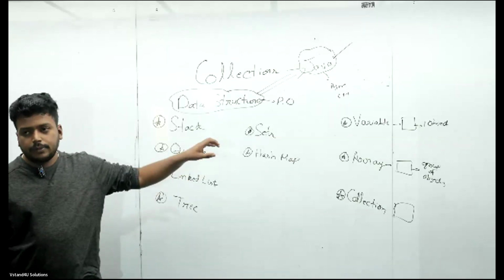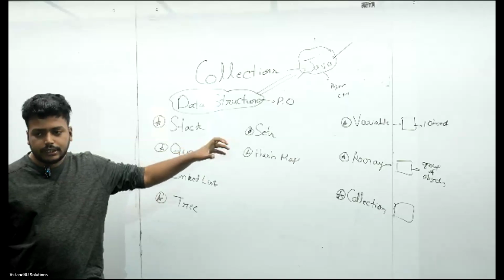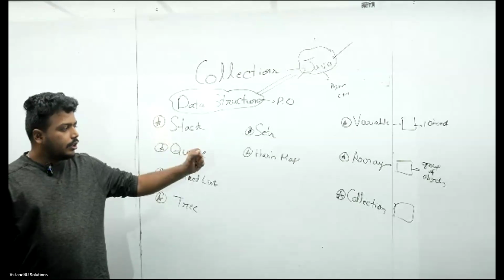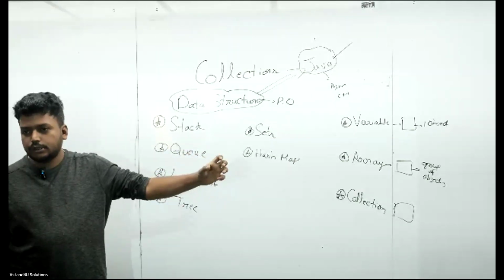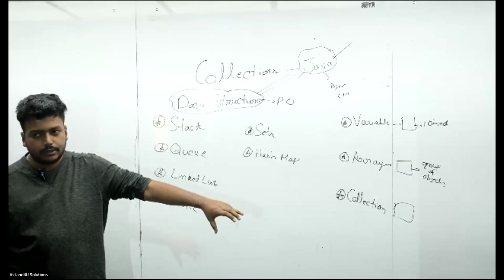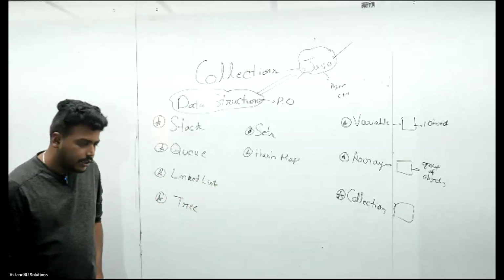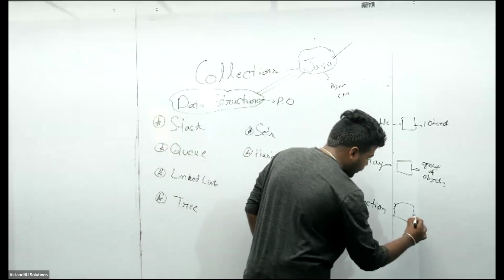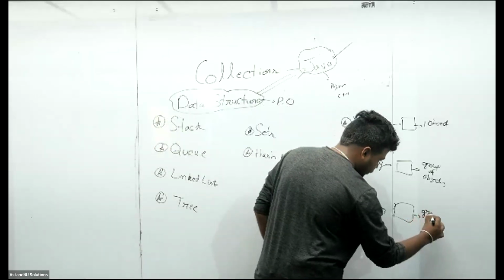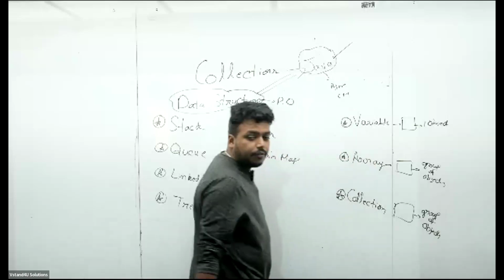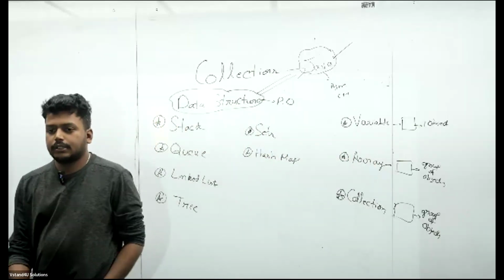You told me variable is a container used to store a single object. Array is a container used to store a group of objects. What about collection? In collections also, we can store a group of classes.